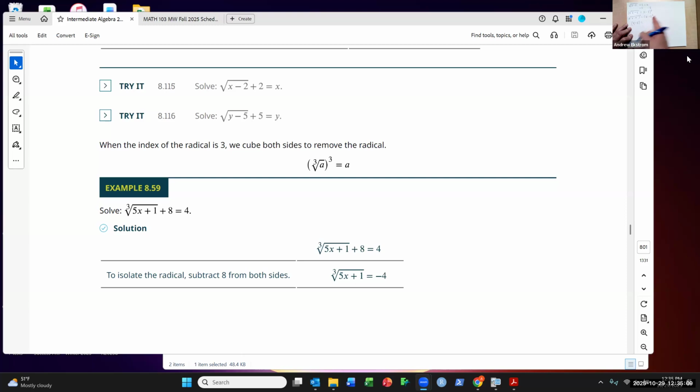Over here, because we now have the square here, we have to FOIL. And just a reminder that this is going to be x minus 5 times x minus 5. So first, we'll have x times x. Outer, negative 5x.